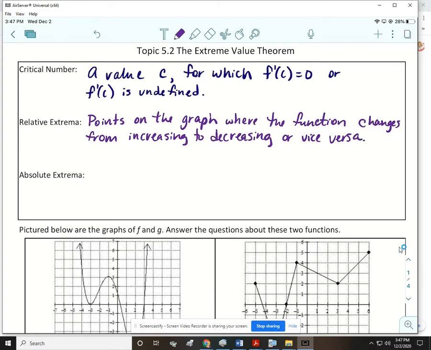What they look like on the graphs is the hills and the valleys, so the top of the mountains or the bottom of the valleys.